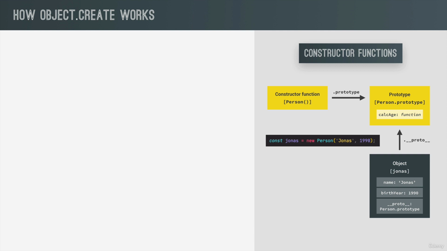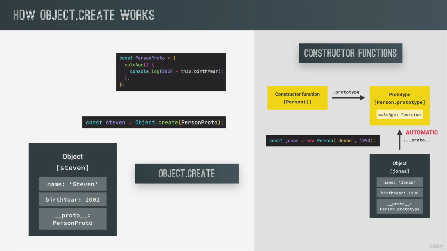So when we use the new operator in constructor functions or classes, it automatically sets the prototype of the instances to the constructor's prototype property, right? So this happens automatically, and so that's nothing new at this point for you. Now, on the other hand, with Object.create, we can set the prototype of objects manually to any object that we want. And in this case, we manually set the prototype of the Steven object to the PersonProto object.